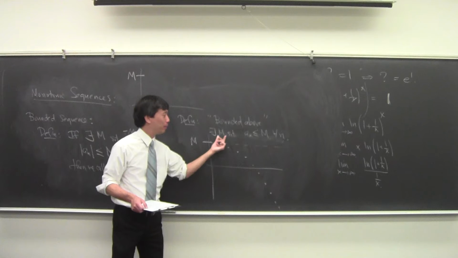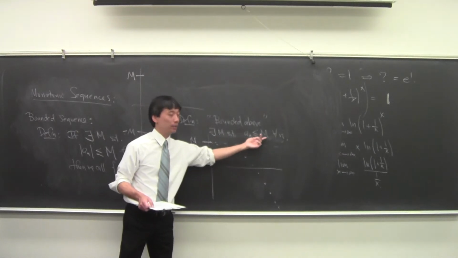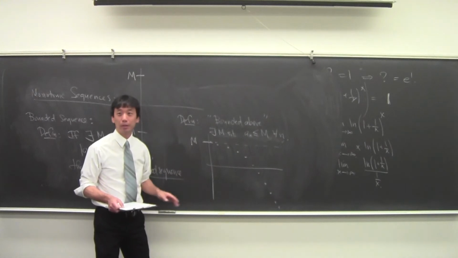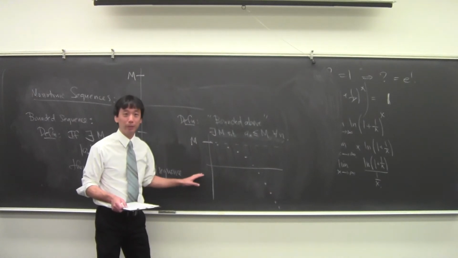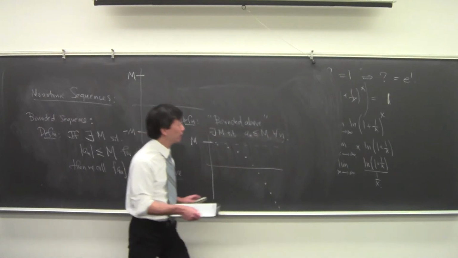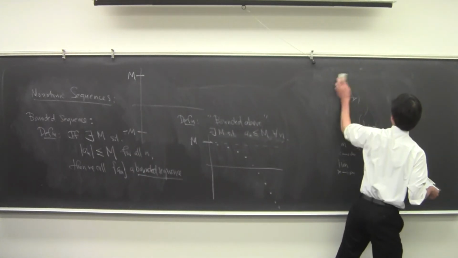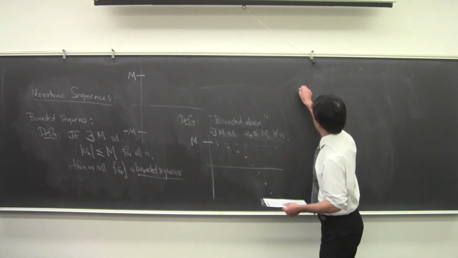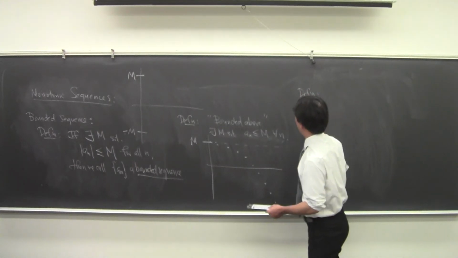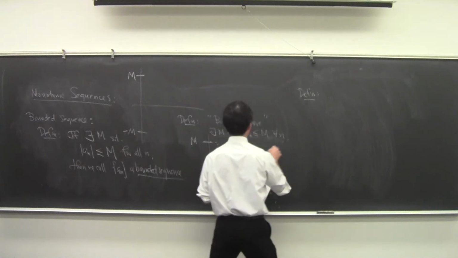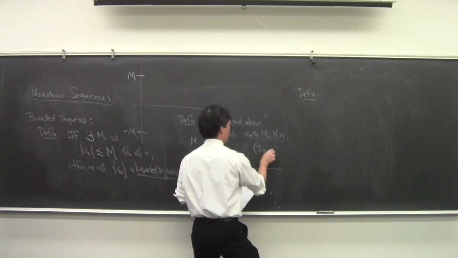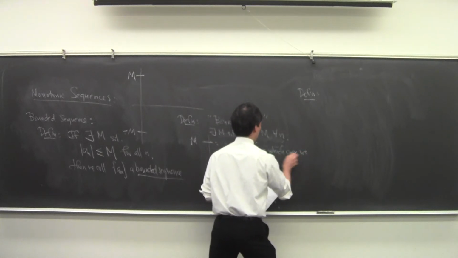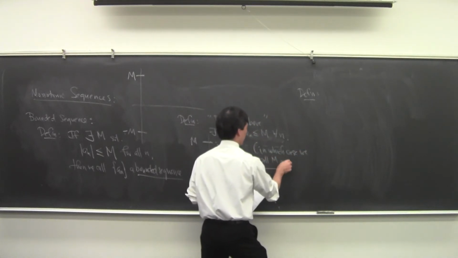There exists an m such that a sub n is less than m for all n. Okay, everybody all right with that? In which case, we call m an upper bound.